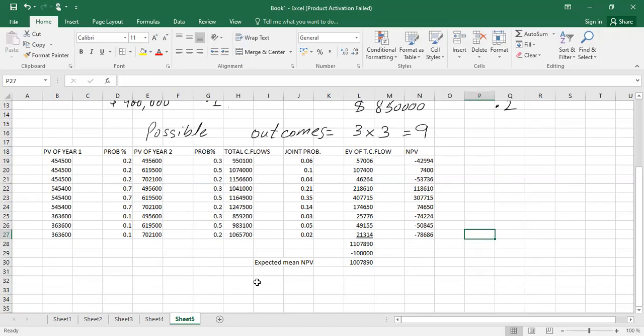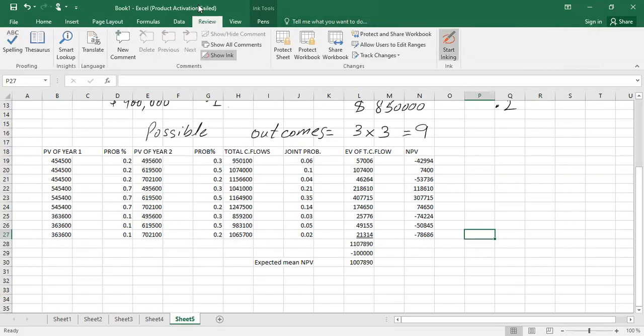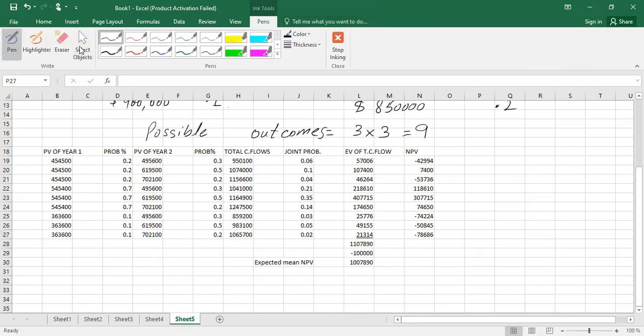Now, what could be the next? Question can ask you to calculate what is the negative NPV probability.